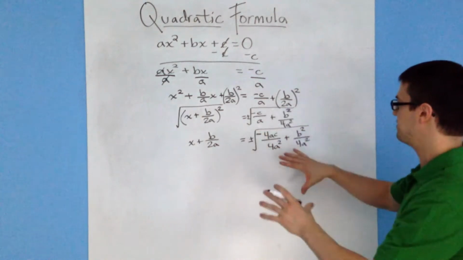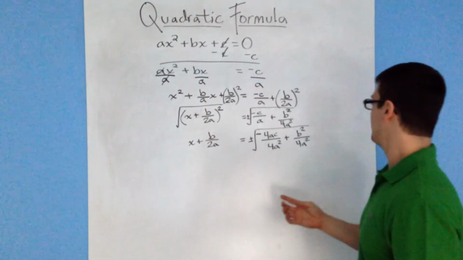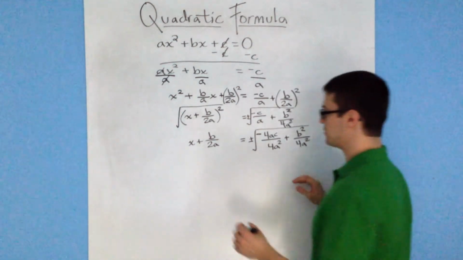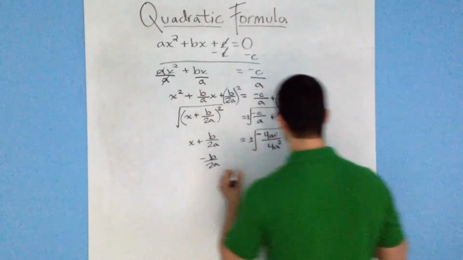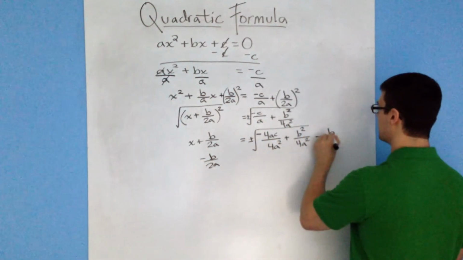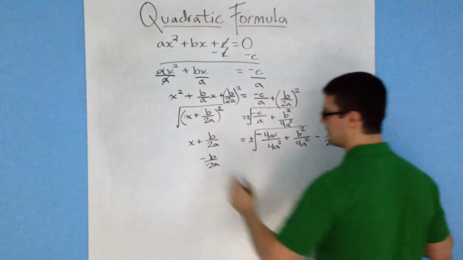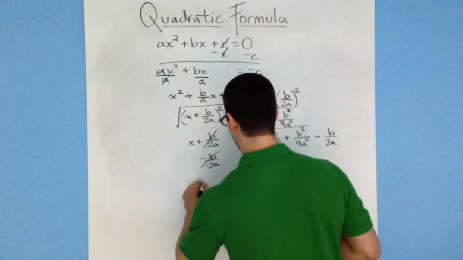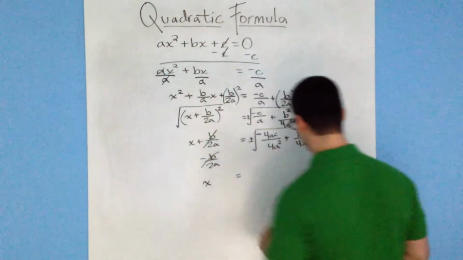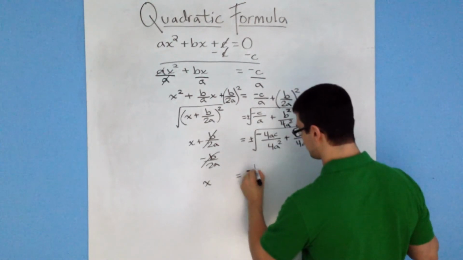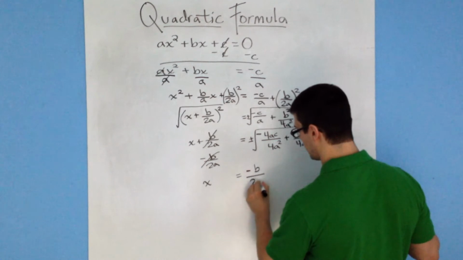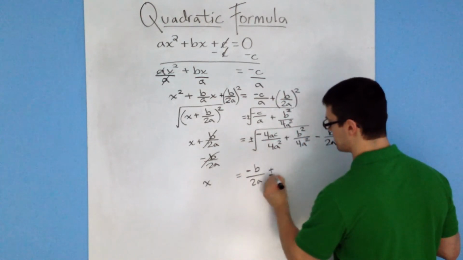Okay, so it's getting a little crazy, but we're almost done. Next thing we're going to want to do is subtract off the b over 2a from both sides, so that cancels. And then you end up with x is equal to, I'm going to put this negative b over 2a in front, plus or minus.